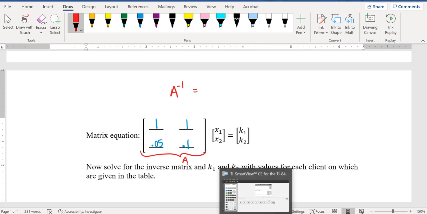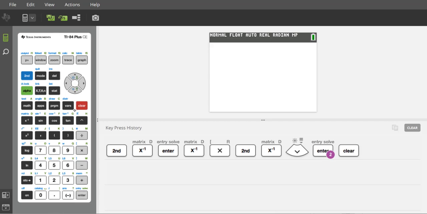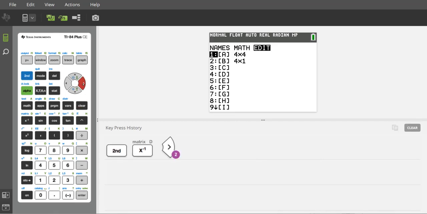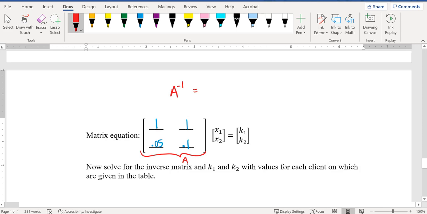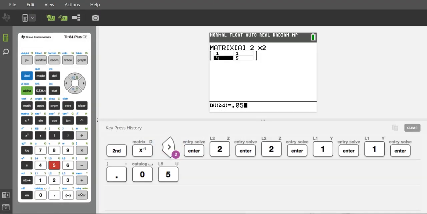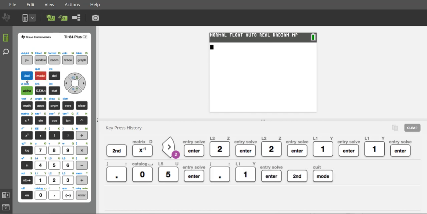All right. A is a 2x2 matrix. So second matrix, edit A, it is 2x2, and it is 1, 1, 0.05, 0.1. Second quit. Second matrix, look at it.